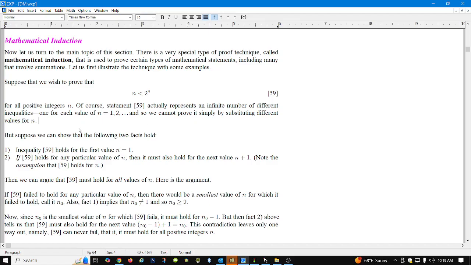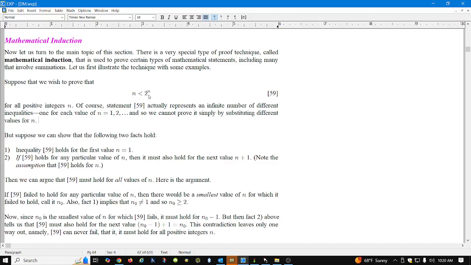However, suppose we can show two things. First, this inequality holds for the first value n equals 1. And second, if the inequality holds for any particular value of n, it must also hold for the next value, n plus 1.